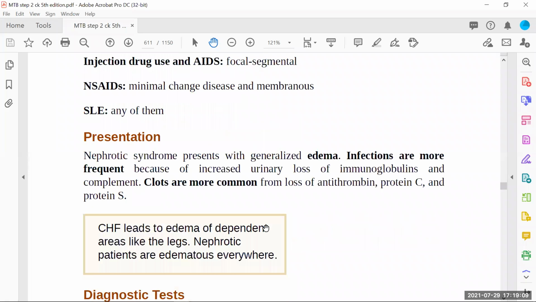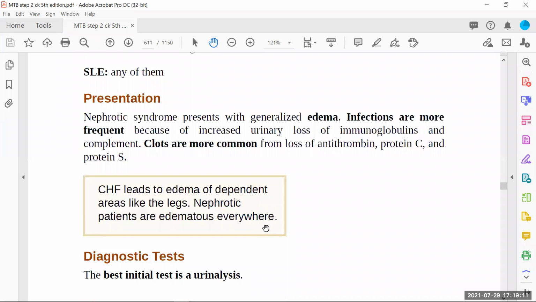Now, congestive heart failure leads to edema of dependent areas like the legs. That's the important thing, because most of the time congestive heart failure also presents with edema, but that should be in the dependent areas of the legs. But in case of nephrotic syndrome, you will see edema everywhere, because protein is the one which is there in the whole body.